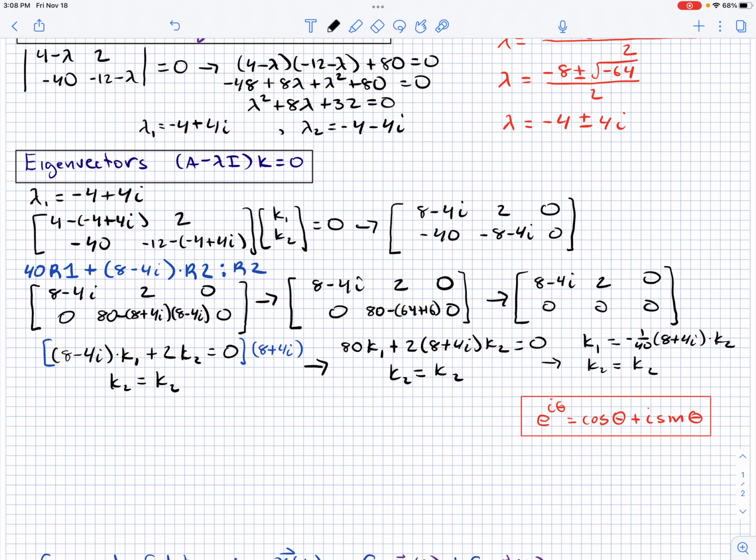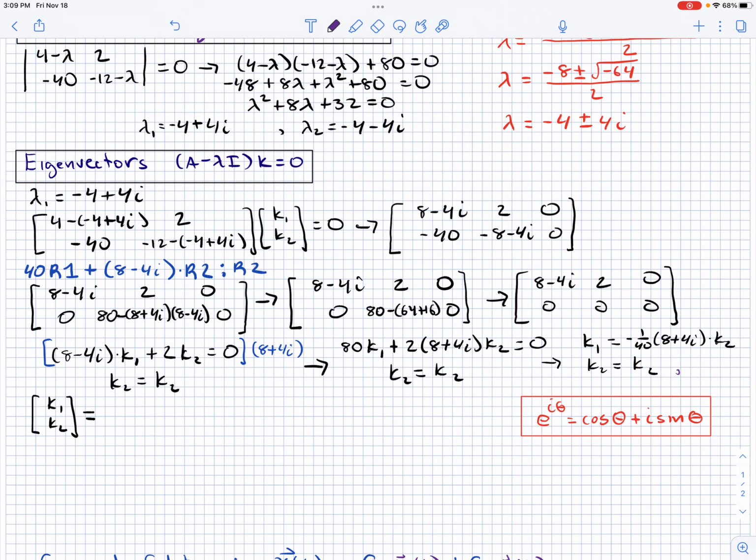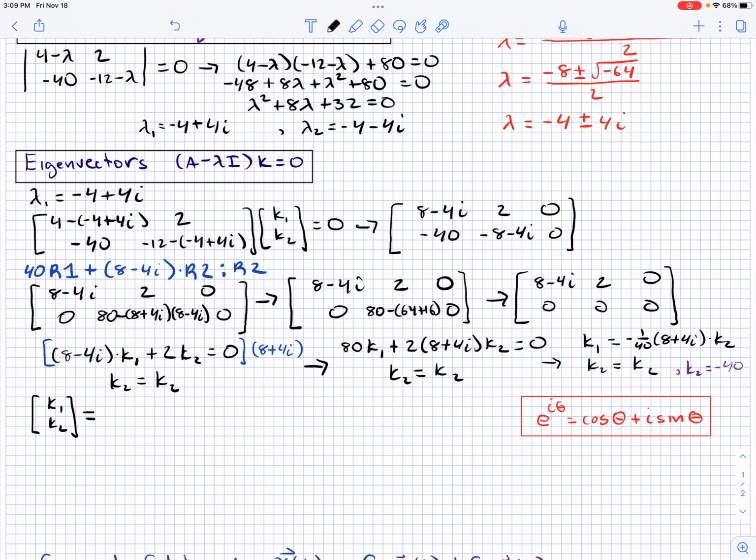And what's nice about that is that just means k sub 1, k sub 2 will be equal to, if we choose a nice number like choose k sub 2 being equal to negative 40, that gives us a nice eigenvector, and that eigenvector just ends up being 8 plus 4i, negative 40.